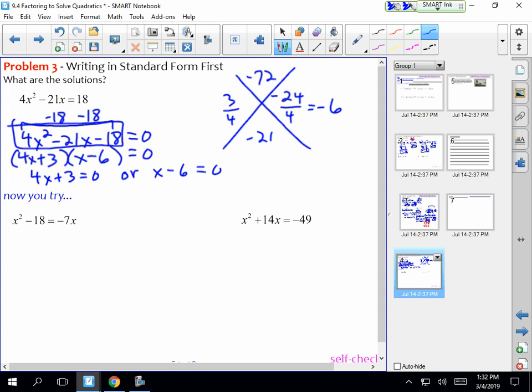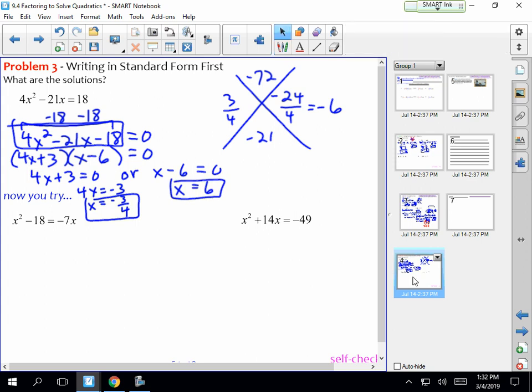If you can factor that using your big X or guess and check method, then you can solve these quadratics by factoring. So then we subtract 3 over, so 4x equals negative 3, divide by 4, x equals negative 3/4. And then this one we just add 6 over, so x equals 6. And those are my two solutions.